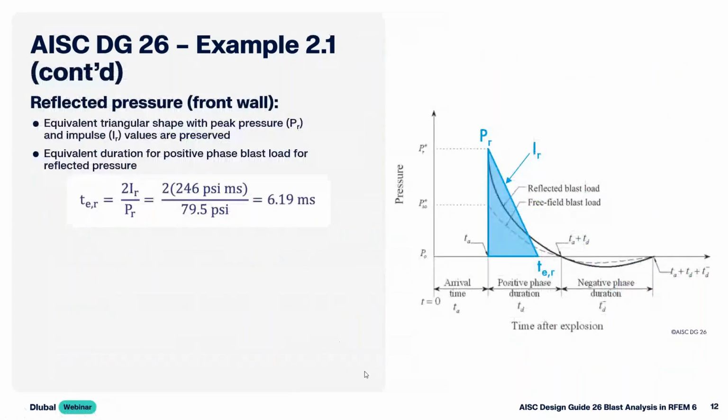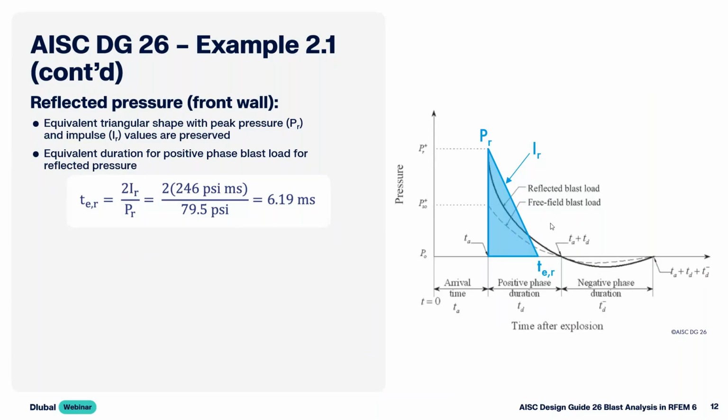So let us begin with the reflected pressure for the front wall in particular. Now, remember, as we see over here on the right-hand side, following Design Guide 26, we are going to simplify the idealized pressure curve with this equivalent triangular shape. But we want to ensure that the peak pressure, P sub r, and the impulse, I sub r, are preserved.